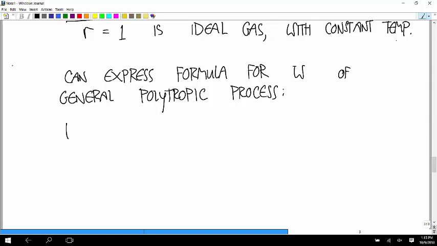Okay, so work is equal to the integral from V1 to V2 of P dV.